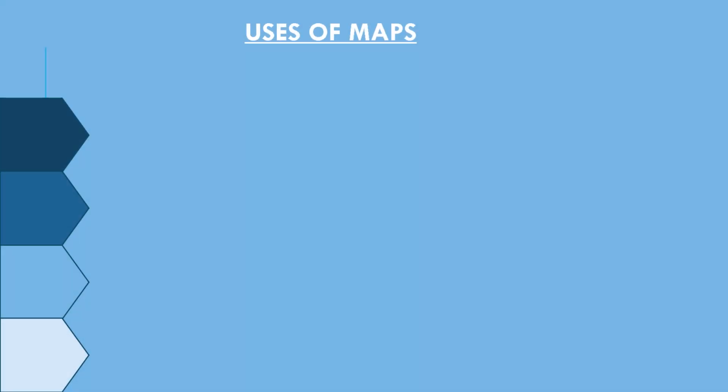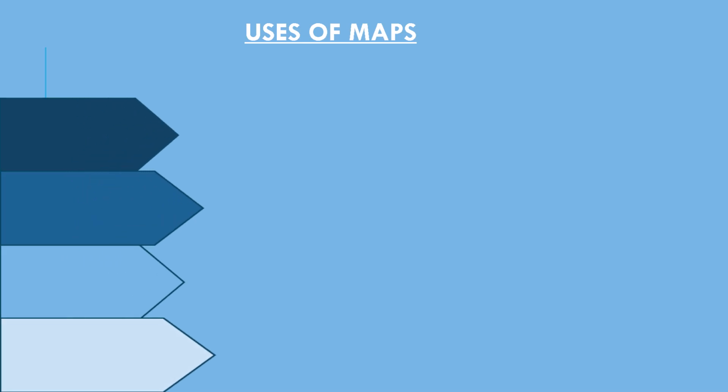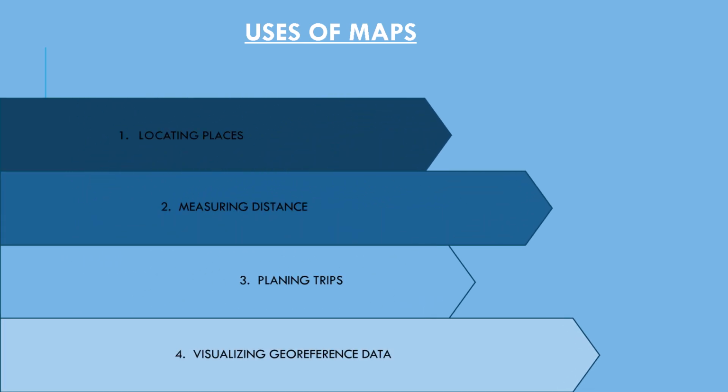Uses of maps. There are 4 uses of maps, and they are locating places. So, these are mostly used by tourists when coming to a new country. They would need a map so they can familiarize themselves to the area.